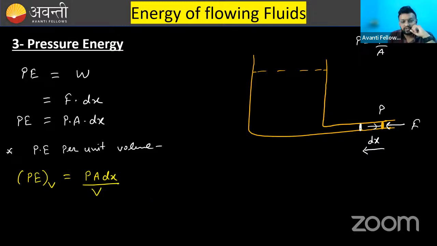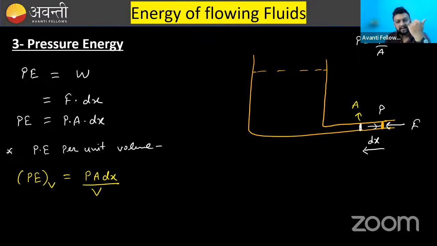Clear? So what is the volume? The fluid that was shifted has the volume what? Here A is the cross section area, or you can say A is the area of the lid, and the displacement of the fluid was dx. This is a cylindrical portion, and the volume will be base area into height.